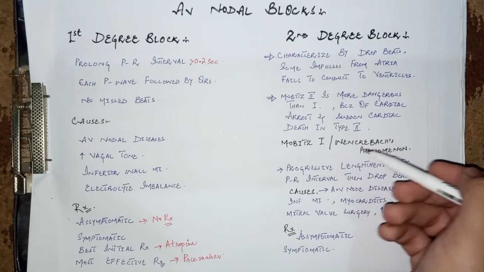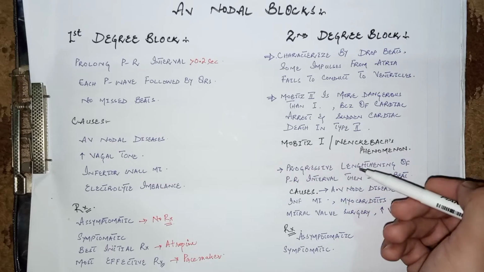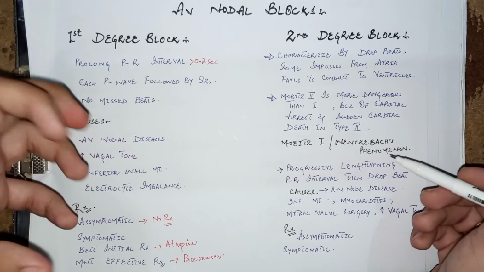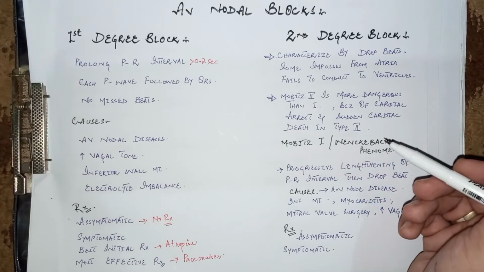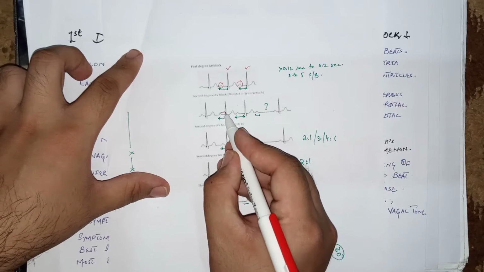Let's talk about Mobitz type 1 or Wenckebach's phenomenon. In this case, it is characterized by progressive lengthening of the PR interval and then there is a dropped beat. Now look at this ECG of Mobitz type 1. As you can see here, there is progressive lengthening of the PR interval.